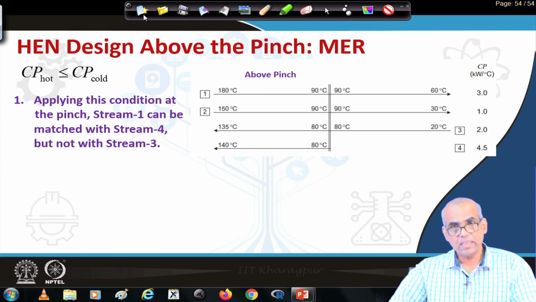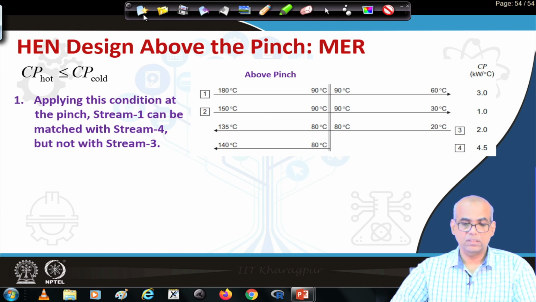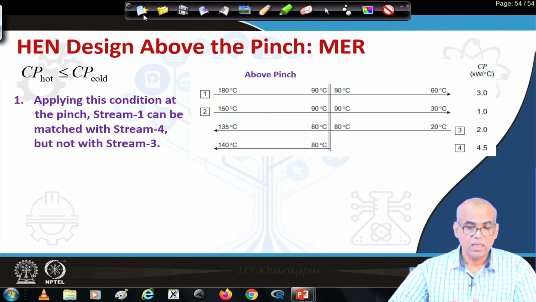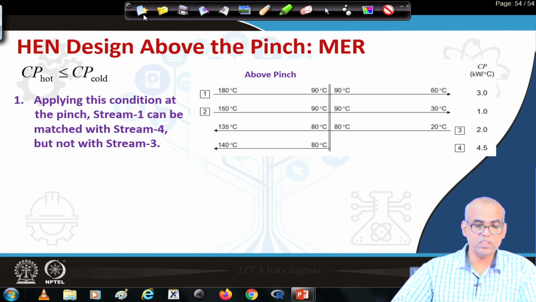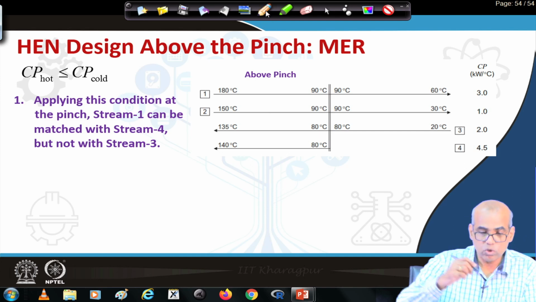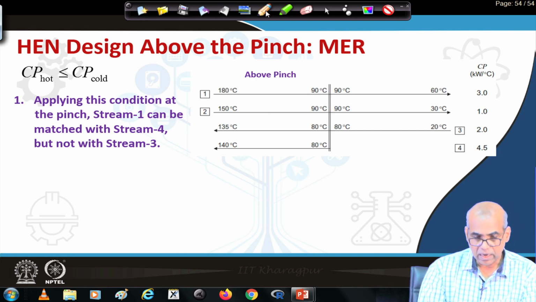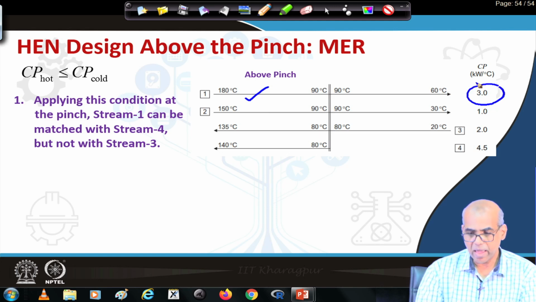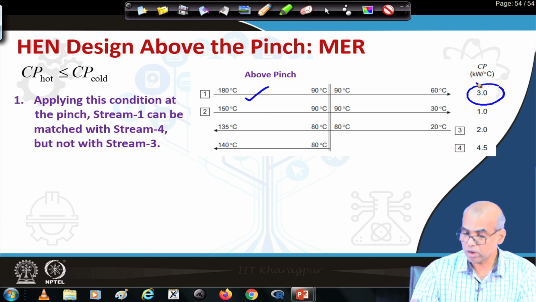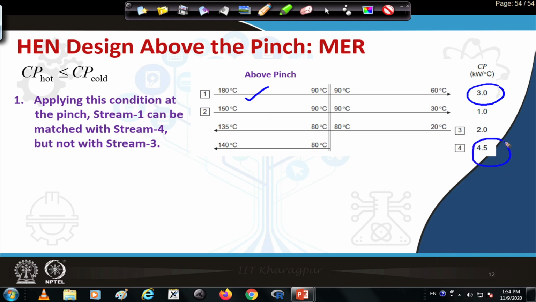Now, let us start designing the heat exchanger network starting with the region above the pinch. We have to remember here that for feasible matches of hot stream and cold stream, the condition that must be met is Cp value of hot stream is less or equal to Cp value of the cold streams. So, now when I apply this condition at the pinch, we see that the stream 1 with Cp value 3 can be matched only with stream 4 which has Cp value 4.5.